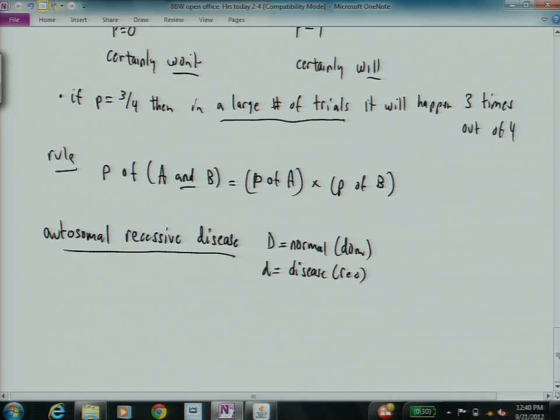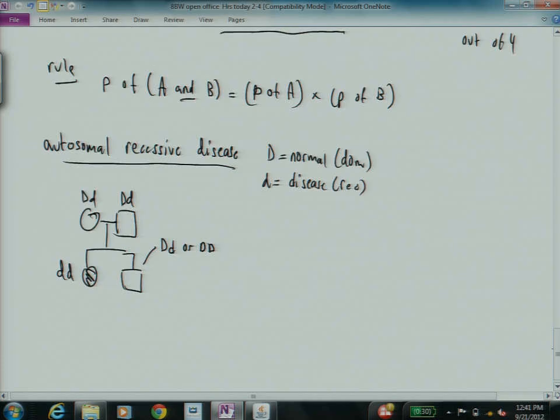Suppose we have a family, and I'll just give all the genotypes, big D, little d. They have a little daughter, and they have a son, and he's big D, question mark, or I should use the official name, he's big D, little d, or big D, big D. And the question is, if he marries an affected female, little d, little d, what is the chance that their child will be little d, little d?